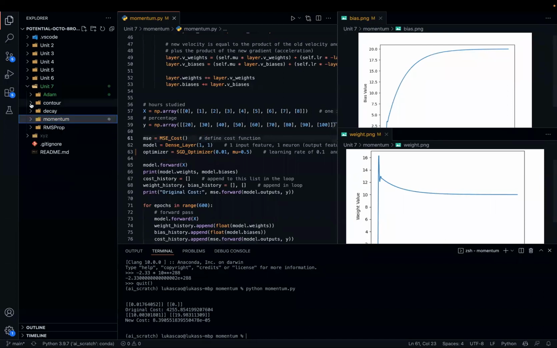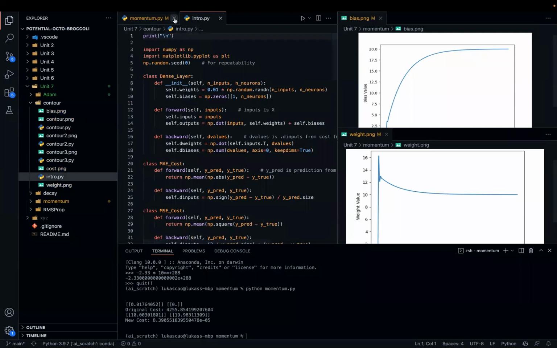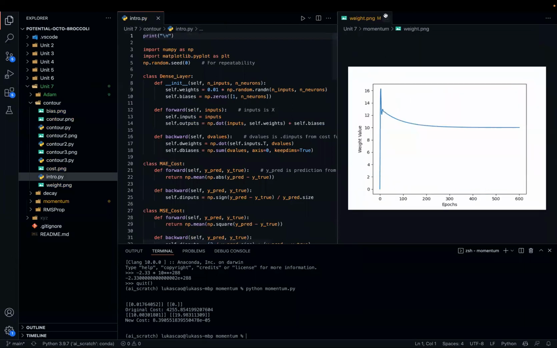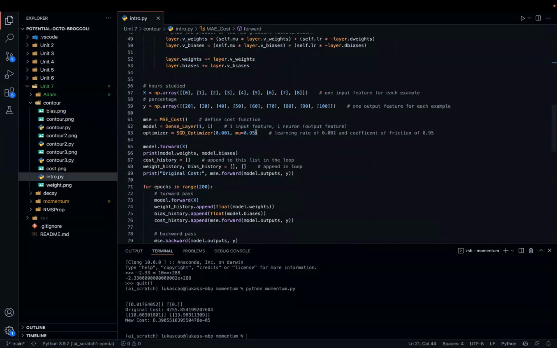Yeah, so let's just do an intro to RMS prop. So contour, was it contour? Yeah. Okay, so I'll get through the contour. Okay, so for RMS prop, let's say that since you want the bias to increase faster, you give it a less coefficient of friction.